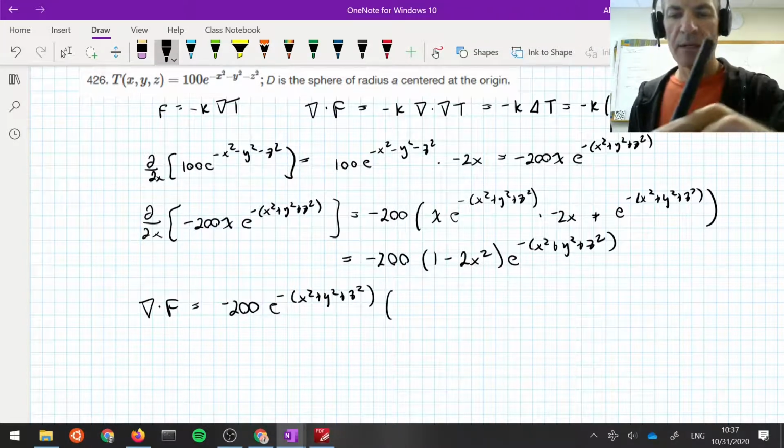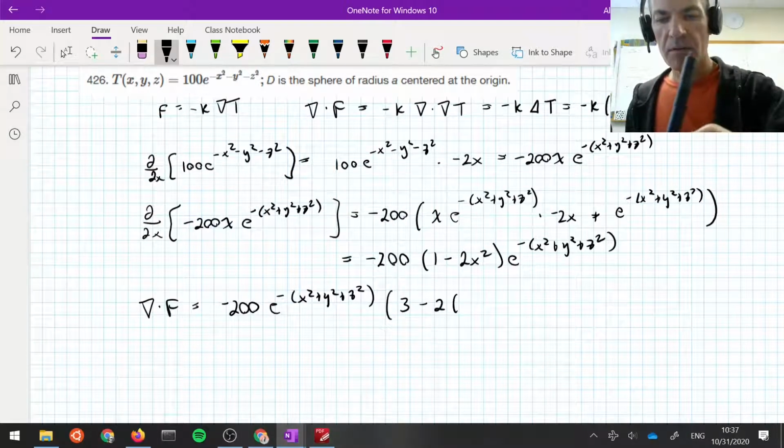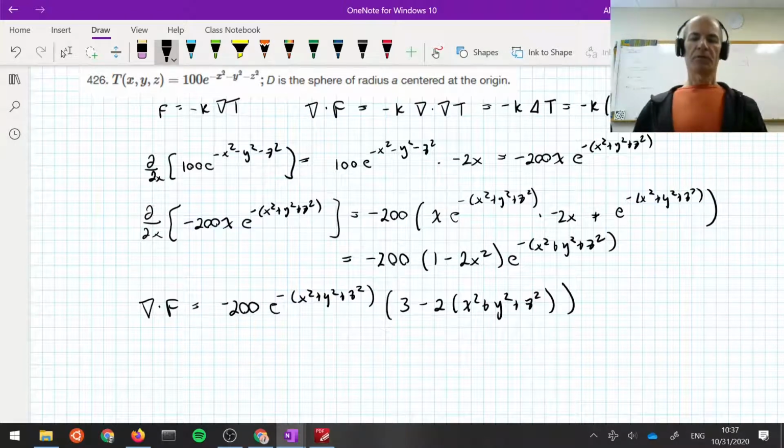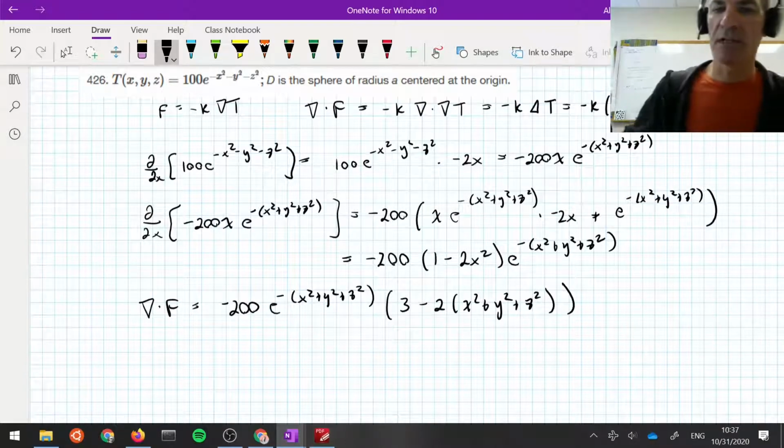And what will be left behind is 3 minus 2 times x squared plus y squared plus z squared. So there's the divergence, taking advantage of this very special structure of this particular temperature function.